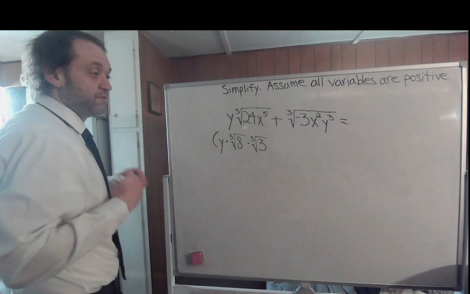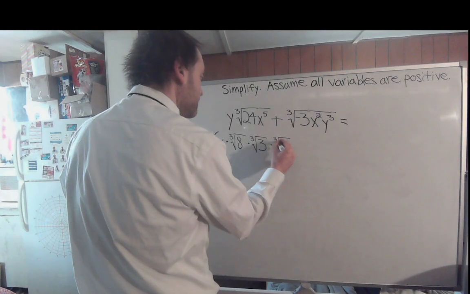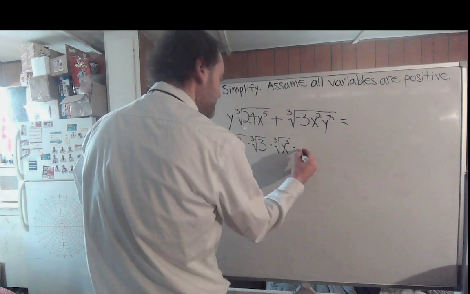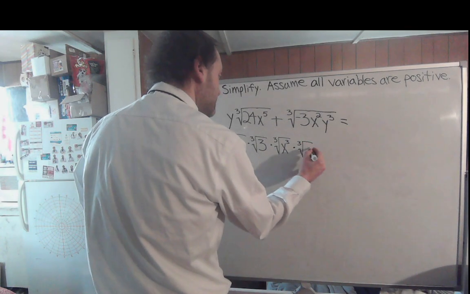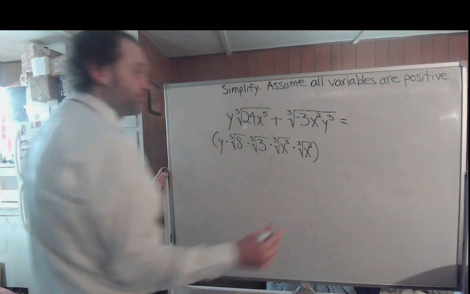And then x to the 5th could be split into the cube root of x to the 3rd times the cube root of x to the 2nd. That's all your first term.